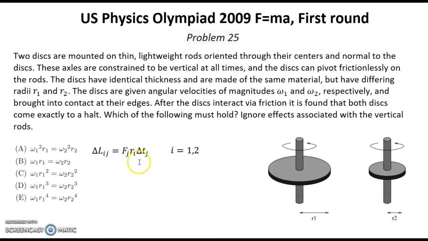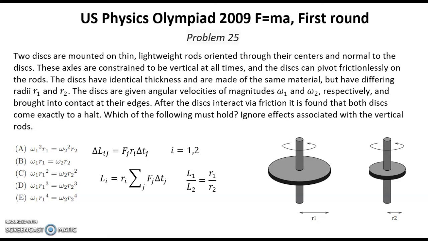Now we can sum all this interaction until both disks come to a halt. So the total change of angular momentum equals the total initial angular momentum. It means that we have this formula. So for both i, we have this sum the same for both disks. It means that we can divide the angular momentum of the first disk by the angular momentum of the second disk and have this relation.